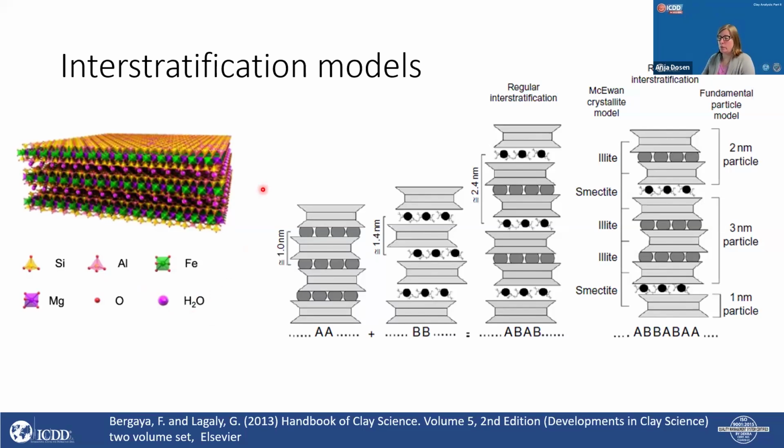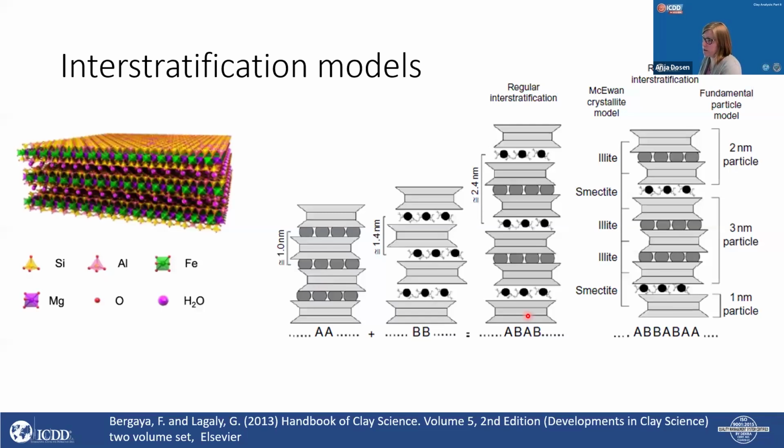When clays are stacked, here are some examples. This is an A clay, one pure clay, and these layers will be AAAA. Then we have a B clay, BBBB. If these are stacked, they can be stacked in a perfect order, which we call regular interstratification.